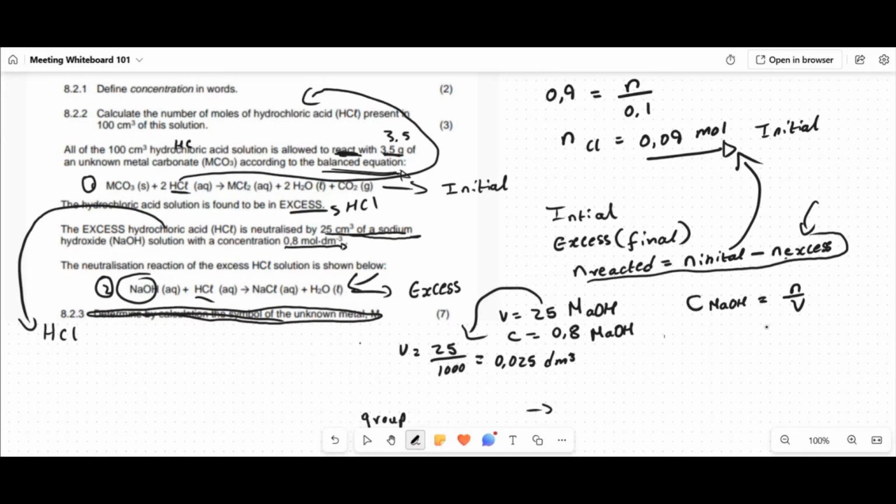Right. So now I have the concentration, which is 0.8. I don't know the number of moles, and I need it, but I have the volume, which is 0.025. I can get the number of moles. What is the number of moles of sodium hydroxide?